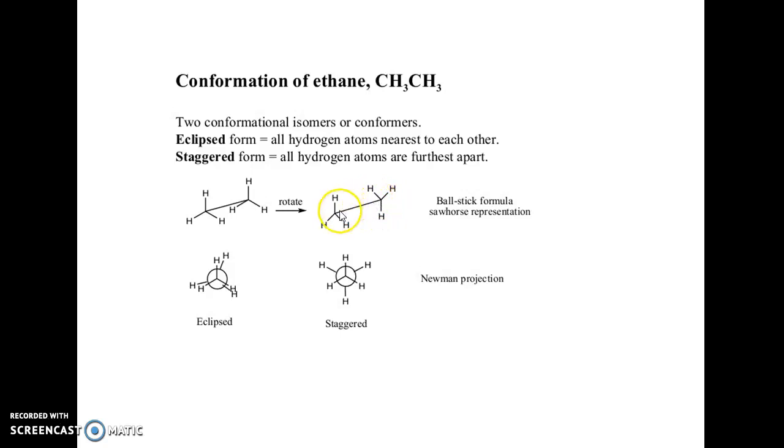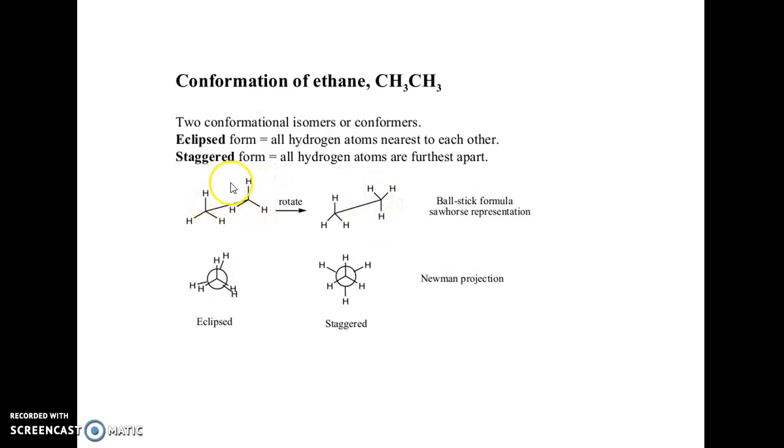You can see here the arrangement of carbon and hydrogen on this carbon atom is the same, whereas the arrangement of hydrogen differs on the second carbon atom. So this is called the staggered form, and this is called the eclipsed form.